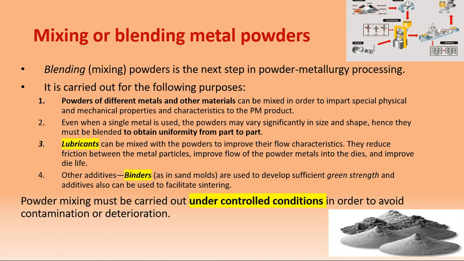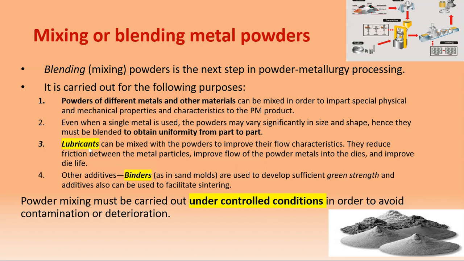Once you have all the metal turned into powder, they have to go through the blending or mixing process first, which they must do properly so that all the powder is mixed equally to obtain uniformity from part to part.